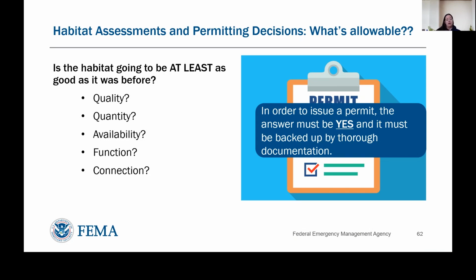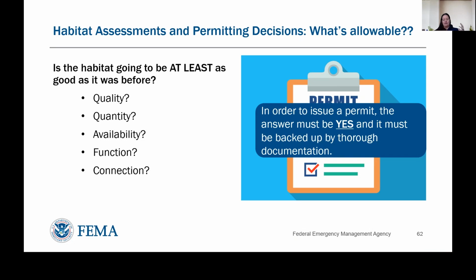An important thing to watch for is a proposal that says, you know what, we're going to make this one thing so much better that we don't need to worry about the loss of another habitat function, right? So we're going to plant so much new native vegetation that we don't need to worry about the fact that we've put in enough fill and development that we've reduced the availability and quantity of flood refuge available for salmon.